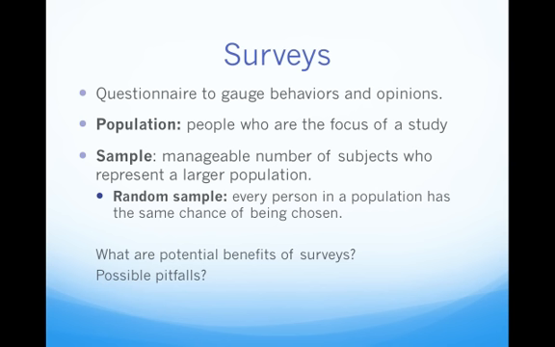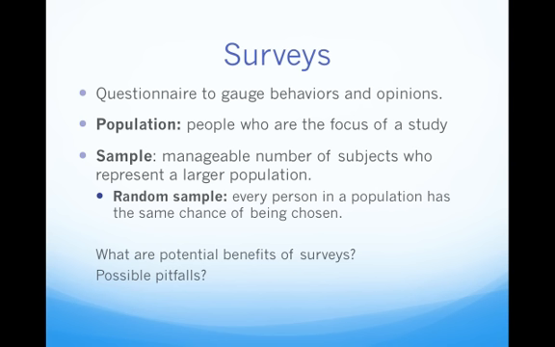So what you would do is you would take a sample, which is just a manageable number of subjects who represent the larger population. It has to be big enough to be representative, because in a school of 3,000 students, I'm not necessarily going to believe responses from only 2 people. At the same time, it has to be manageable, right? It can't be too large.